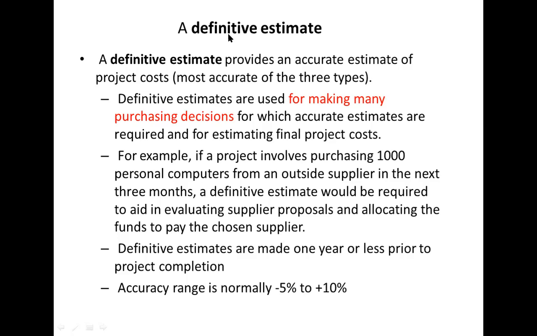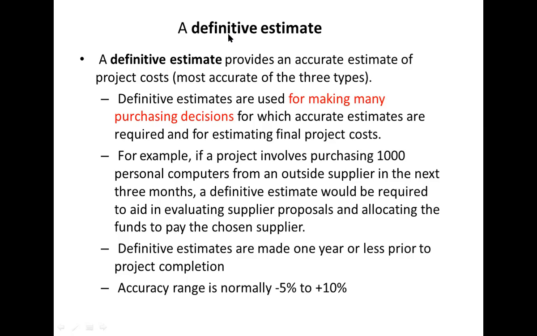So as an example, assume that your project needs to purchase 1,000 personal computers in the next 3 months. So now you need to define an estimate. We can use a definitive estimate to evaluate the supplier proposals. You will ask several suppliers like SoftLogic, Advance, Singer to give you some proposals.